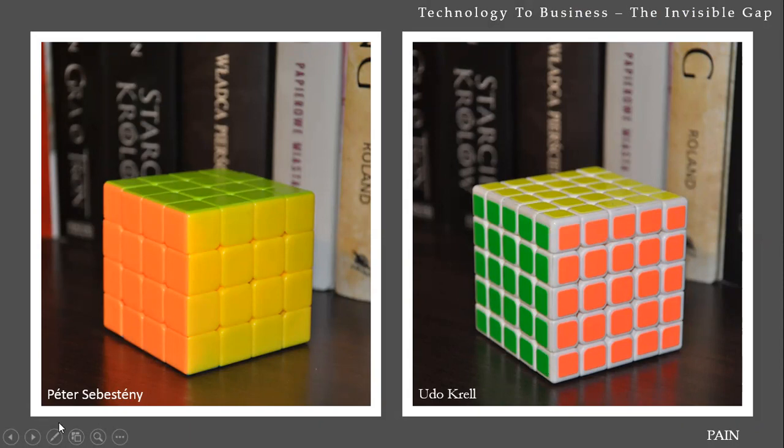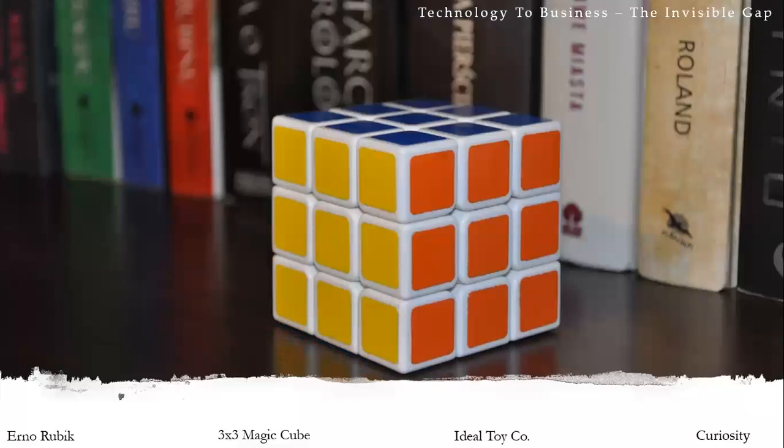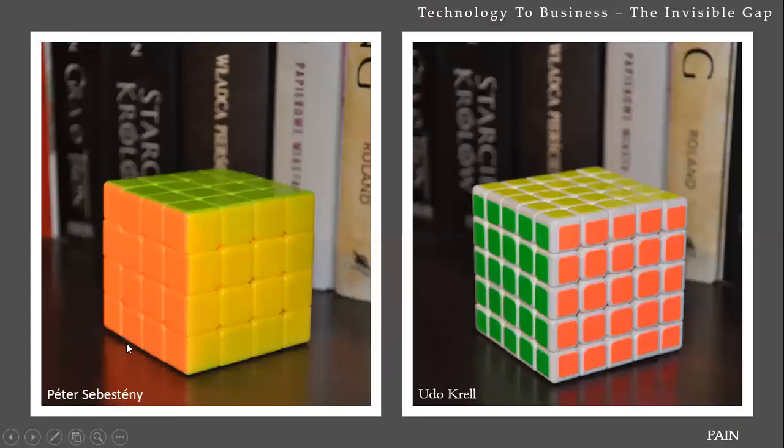The 4x4x4 cube was created by Peter Sebenyi, and this one was created by Udo Krell. Initially, Sebenyi thought he'd call it the Sebenyi cube, but if he did that, he would not have been able to use the name that Rubik had created. So ultimately, it was still called a Rubik's cube, with an additional name in front of it.